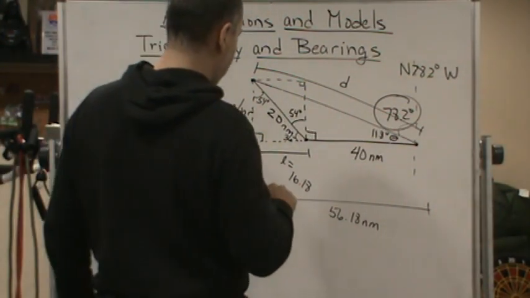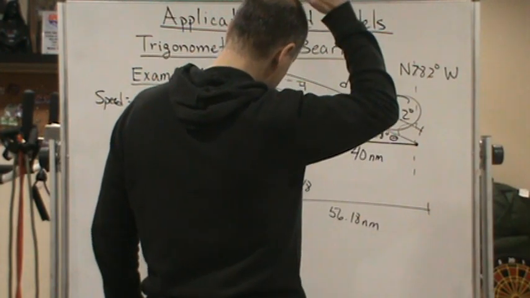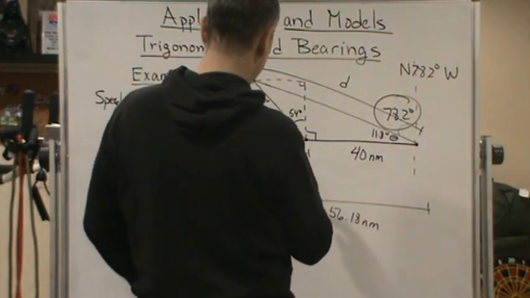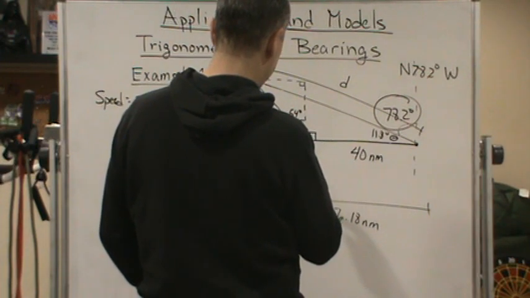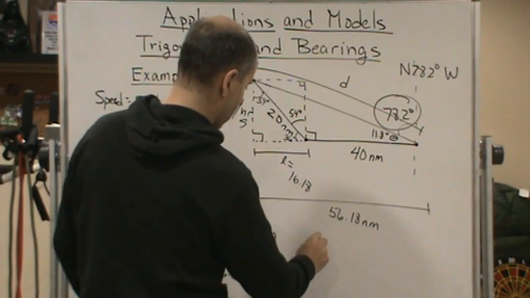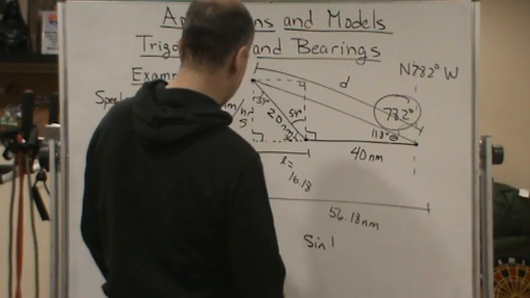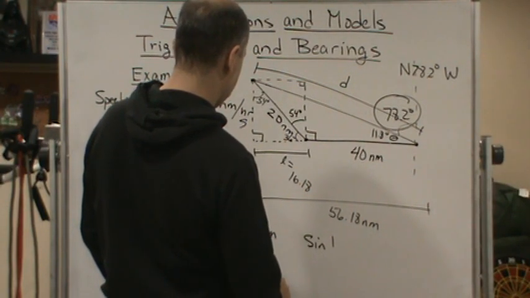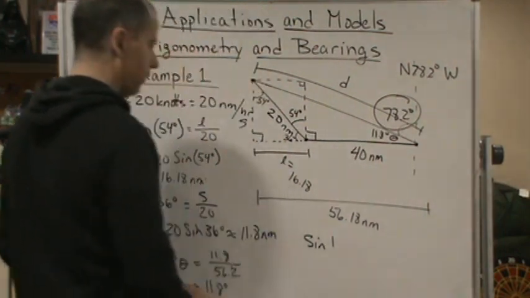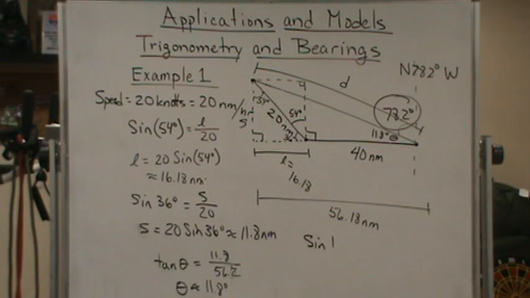So now to find this distance, we're going to take sine of 11.8.